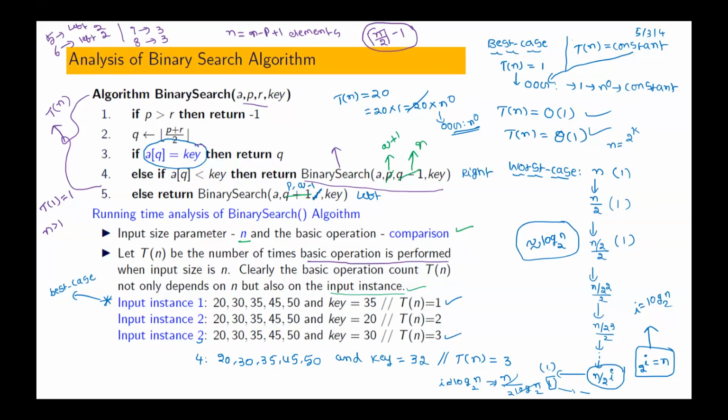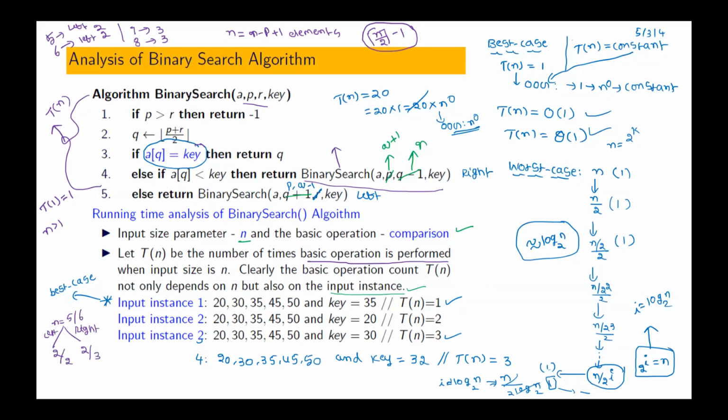What about the number of elements on the right side? If n equals 5, how many elements will be on the left side, and how many on the right side? Left 2, right 2. If n equals 6, left side 2, right side 3.